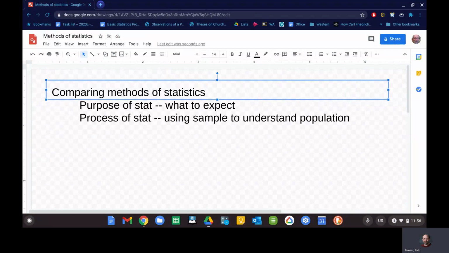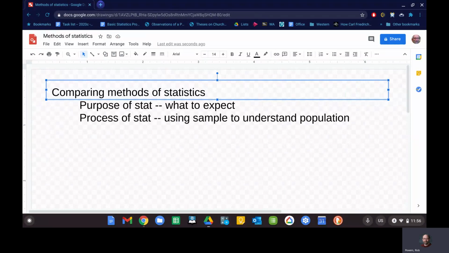Or at least maybe if I have a sample of a certain number of women over 65, I can think about how that might be true of all the women in La Crosse. Maybe I don't have access to all the women in La Crosse over 65, but I have access to some. And so then I use that sample to understand the population.